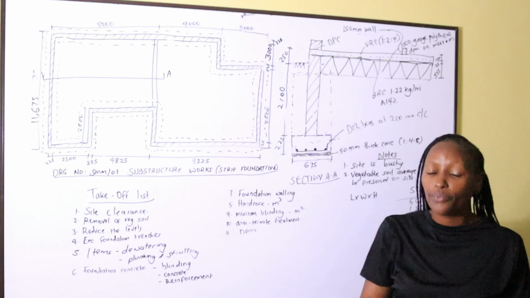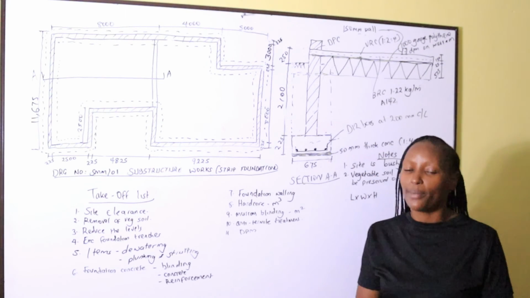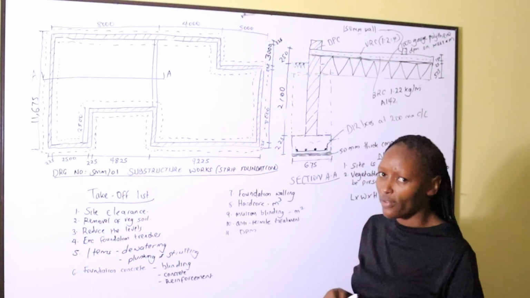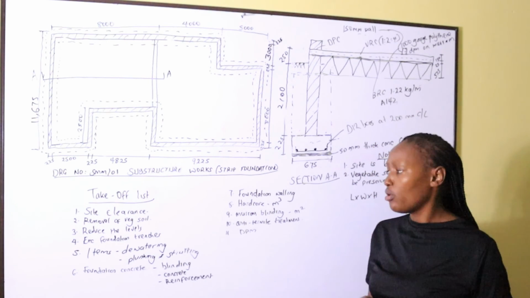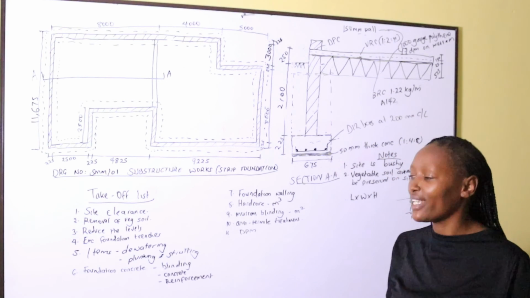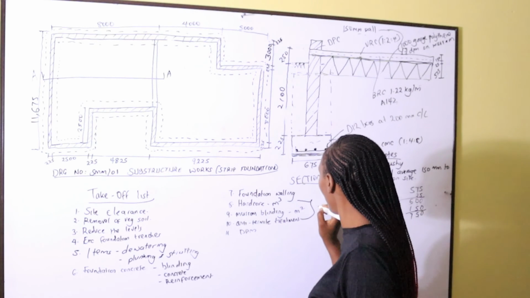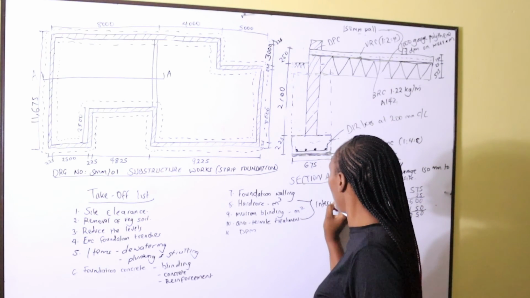For the DPM, we take the external dimensions. So we shall take the external length and the external width of the drawing. For all the previous items, we usually take the internal dimensions.